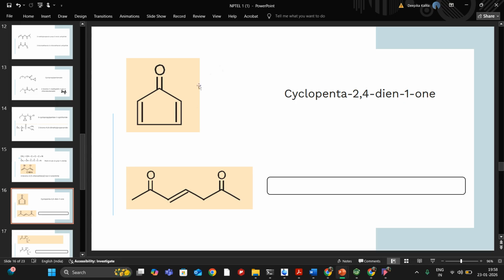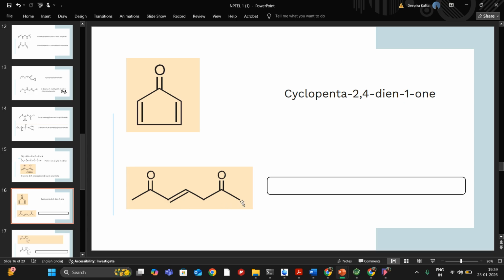Okay. So, another example of a diketone I have mentioned here. Here, you have a double bond present. Okay. So, while starting the parent carbon chain, start in such a way that the double bond position will get the least number. So if we start from here, it will be 1, 2, 3.